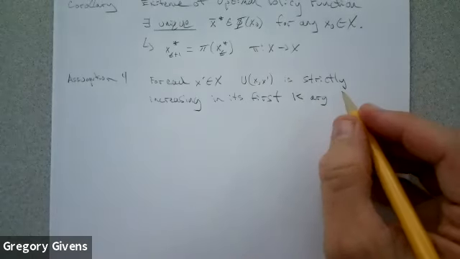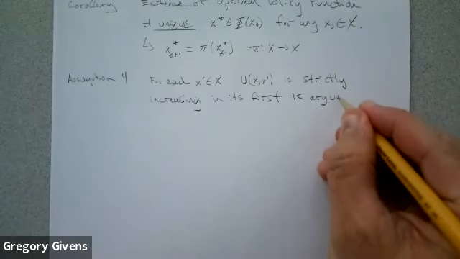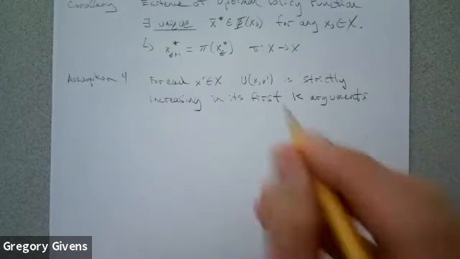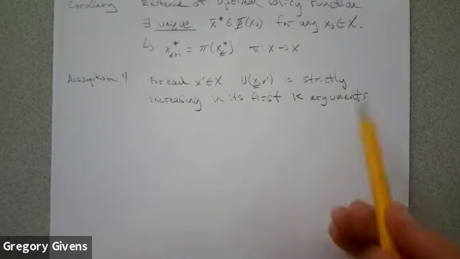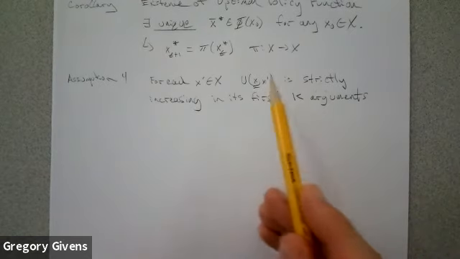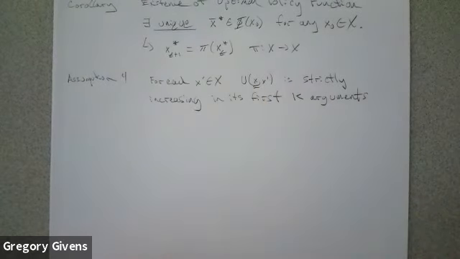Remember, x has dimension k. So what we're saying there is that if we increase the state vector x, we increase the payoff function u. Now, I'm not writing this as derivatives yet because we haven't established the differentiability argument here. But we're just going to say that u is strictly increasing in the state vector x.